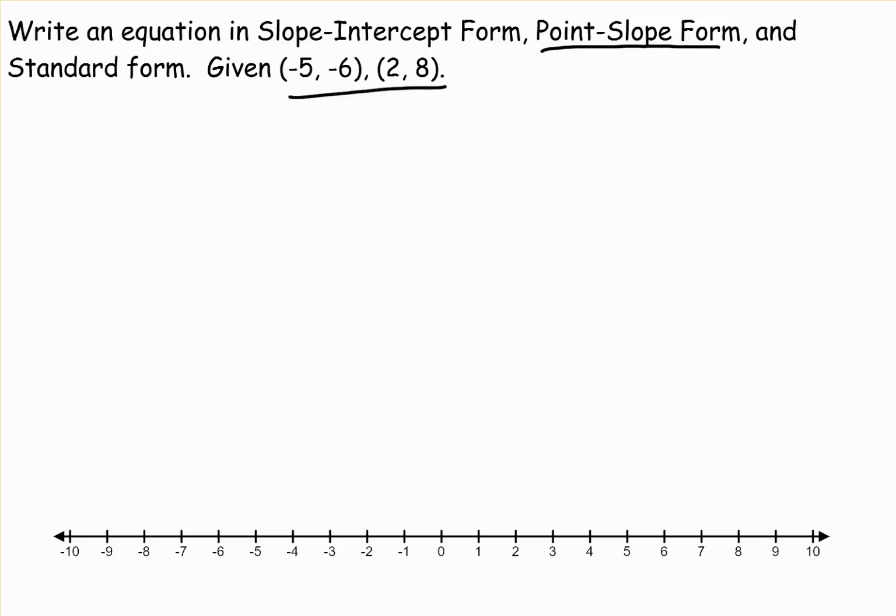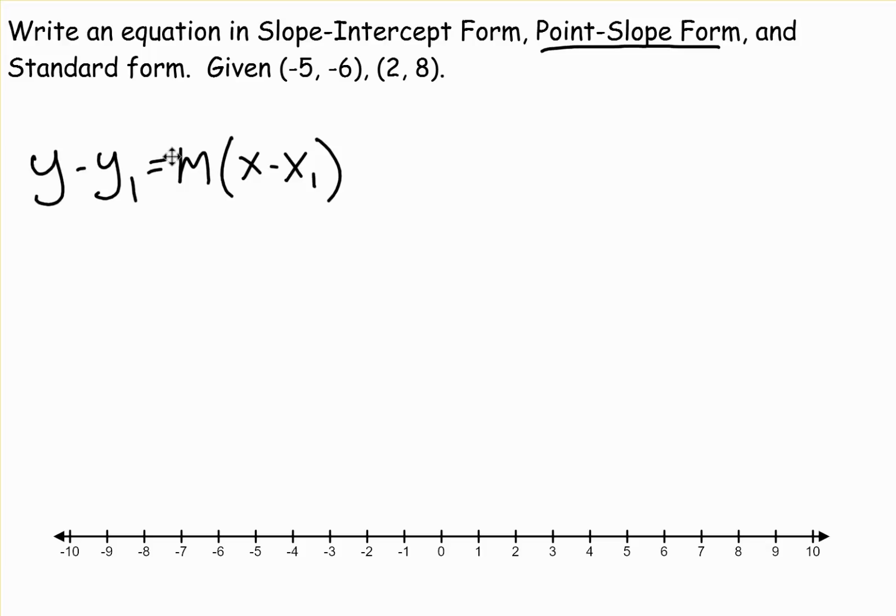So point-slope form, we've got 2 points. Point-slope form is y minus y1 equals m times the quantity x minus x1. And we're going to find our slope first.